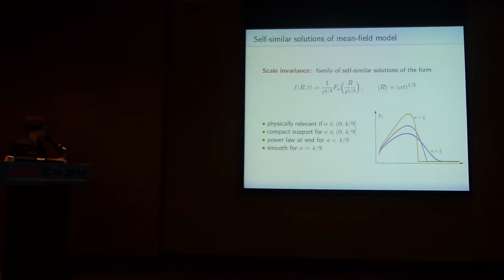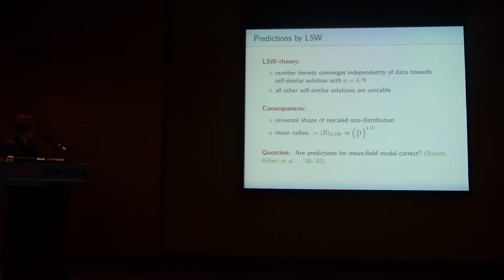So now the question is, you have this whole bunch of solutions, is any of them particularly relevant? Here's what Lifshitz, Slyozov, and Wagner actually claim. They claim that only the solution corresponding to the largest growth rate, 4/9, is stable. If you look at the original papers, the situation is as follows.